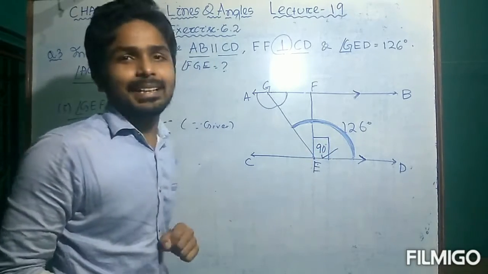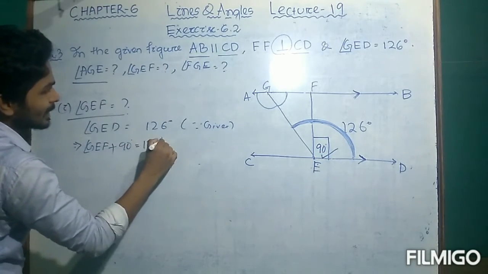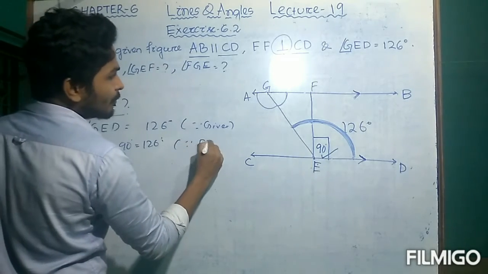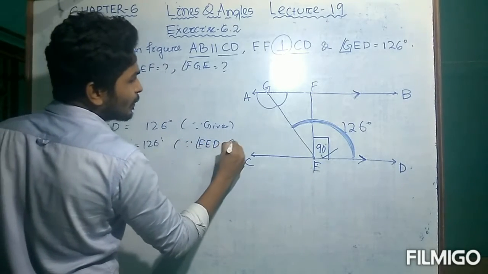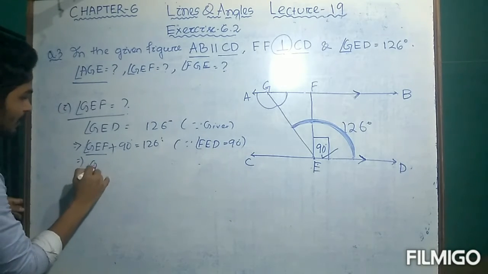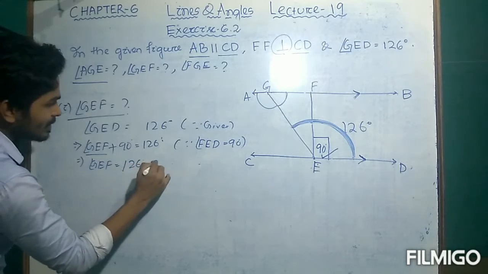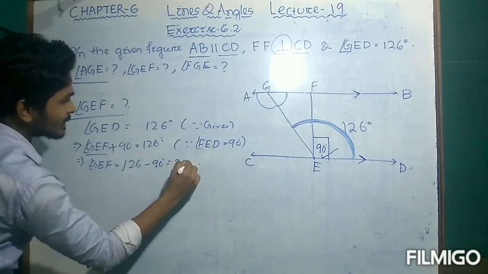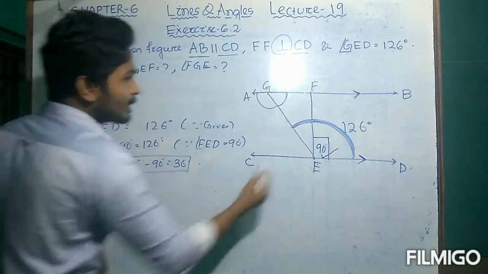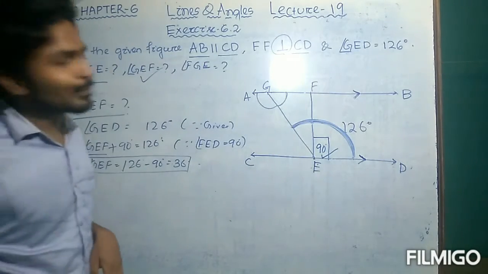This is 90 degrees. So GEF plus 90 degrees is equal to 126 degrees, because this angle FED is equal to 90 degrees. So we can easily find the value of GEF. GEF is equal to 126 degrees minus 90 degrees, that is 36 degrees. Hence, we find the value of this angle GEF.